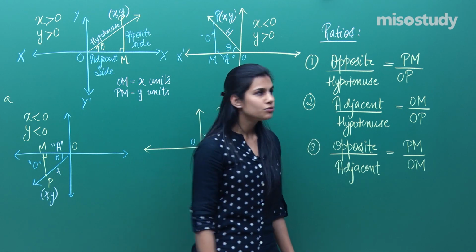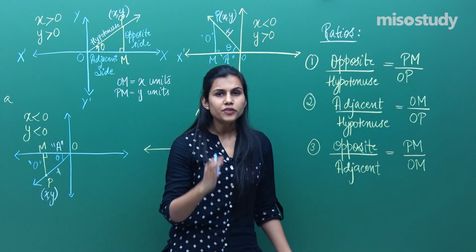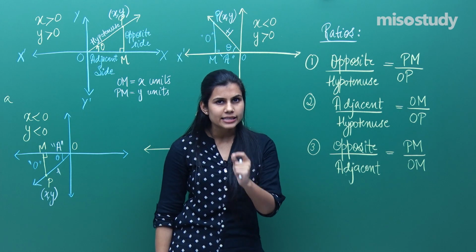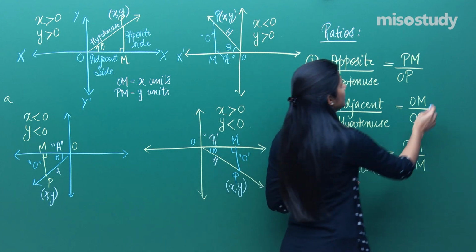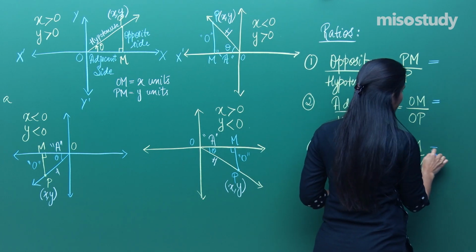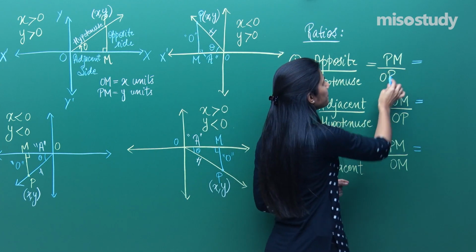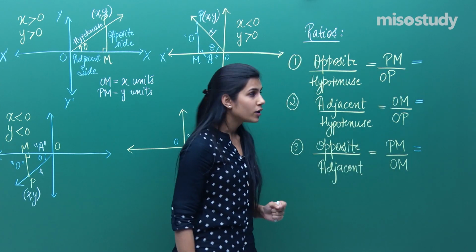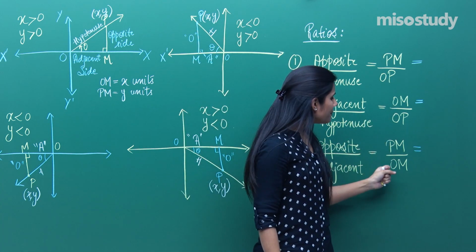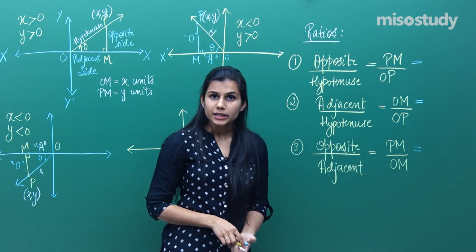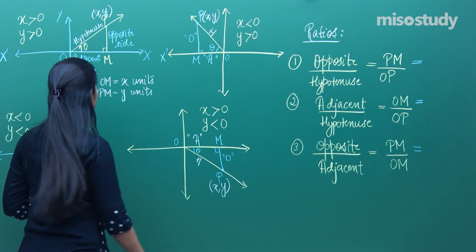Now, as I told you, I named sides to be opposite or adjacent with respect to a certain fixed angle theta inside the triangle of reference. And that is why if I further express them, what are they going to turn out to be? If I talk about PM upon OP, what does it turn out to be? If I talk about OM upon OP and PM upon OM, what do they turn out to be? Let me tell you one more thing about these triangles of reference.